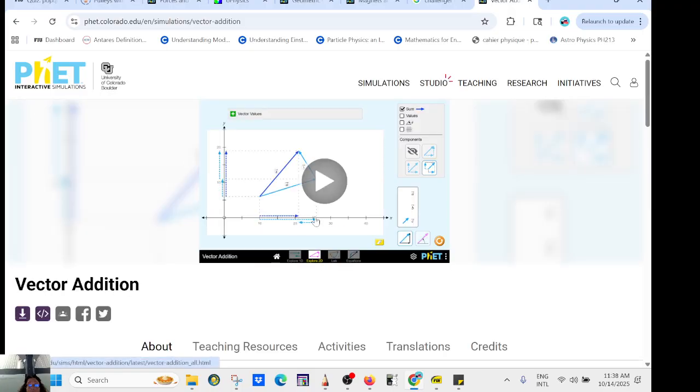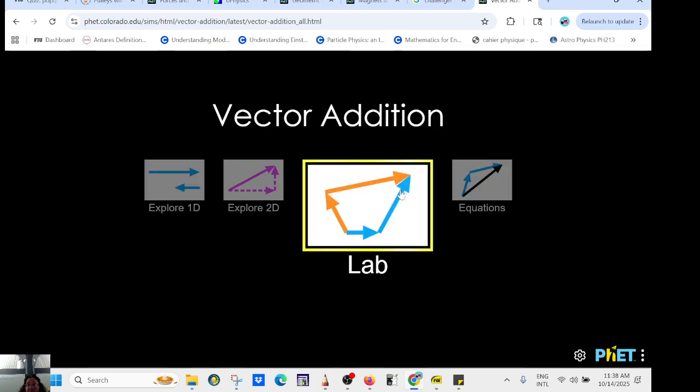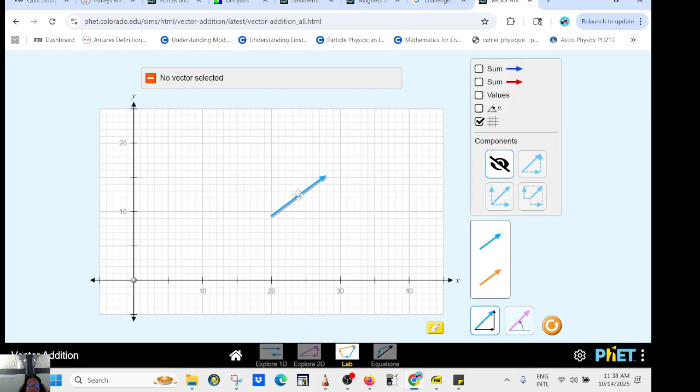You did that for the force table in the lab. They always do that. So if you have one vector here and I have another vector this way, so maybe it's two strings. So you have two strings here.